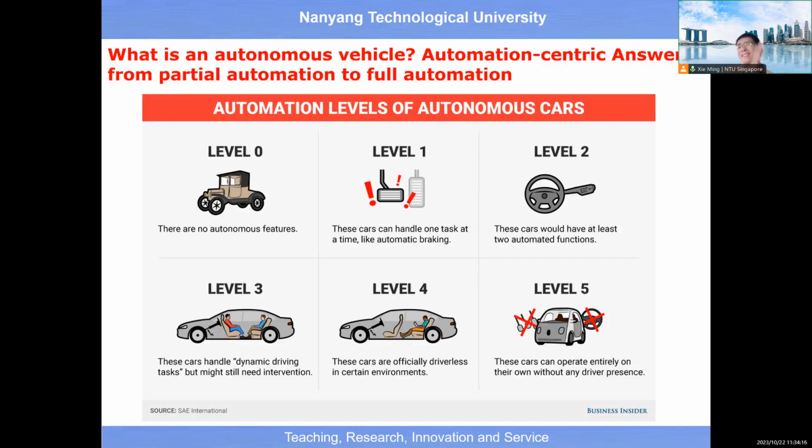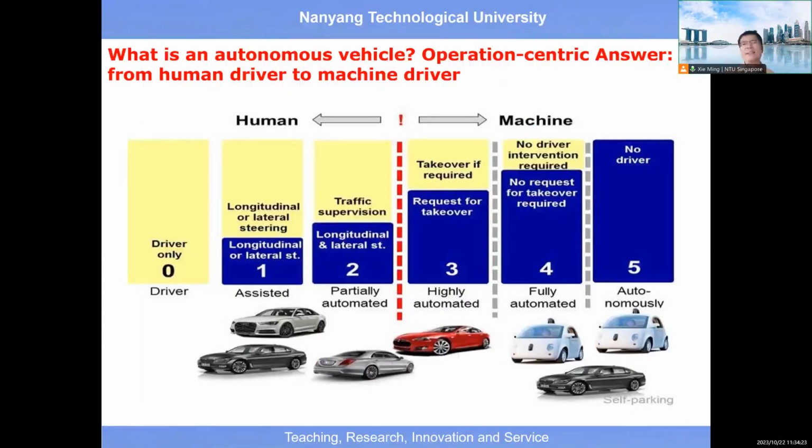Okay, so this is one type of typical answer to this question. The second typical type of answer to this question is to focus on operation. For example, if this vehicle is fully operated by a human driver or partially operated by a human driver, then we just say that this vehicle has reached level 1 or level 2 autonomy, all right?